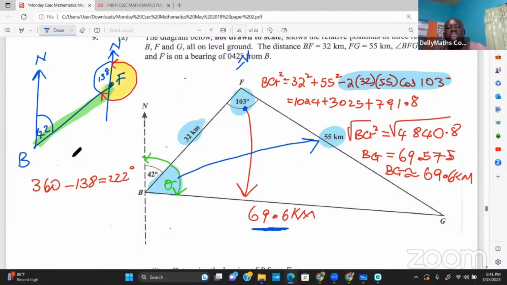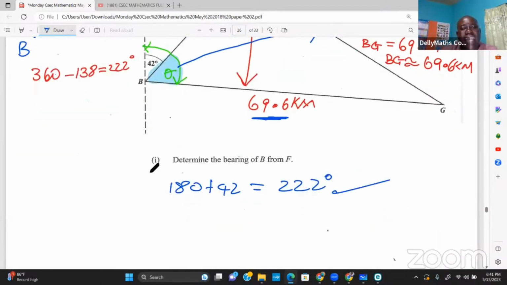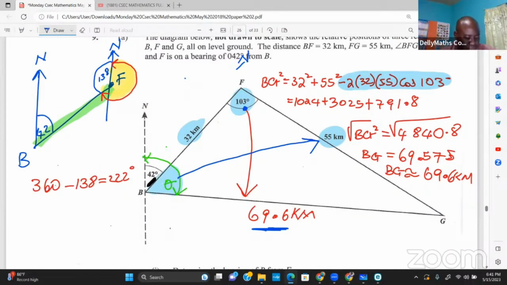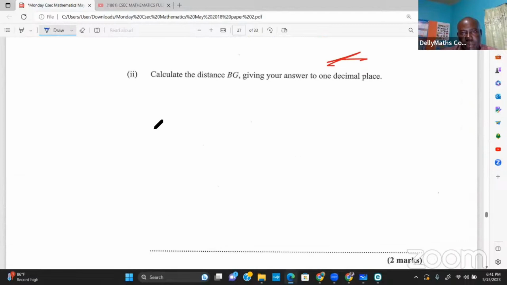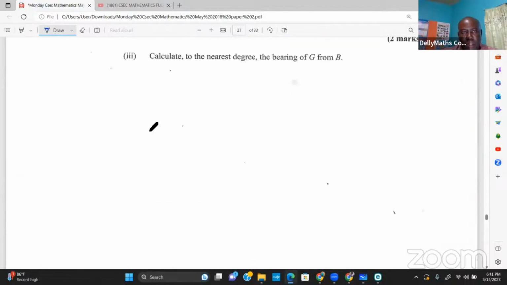So we're going to employ A over sine A, B over sine B, and use that to guide us through it. All right, let's go. I'm going to work it down there. So we're talking about using A over the sine of A, which is equal to B over the sine of B.